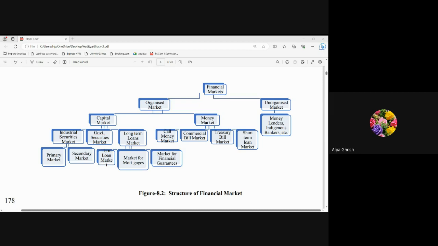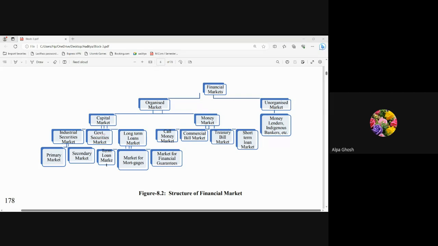Financial guarantees means that we hold fixed deposits, we have investment receipts, we have other documents against the investments made. So these documents are kept with the financial institutions again as a guarantee. So we can guarantee either the assets through mortgages or the financial guarantees. By using the financial documents, we can avail the money.